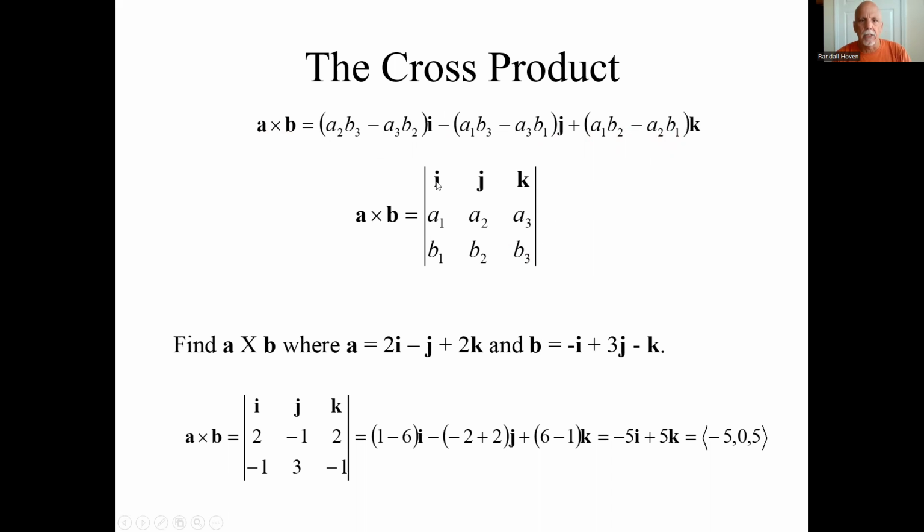So if you look at it, the determinant of this, I'll have an I times A2 B3 minus B2 A3, right? That's that. The J would be minus J times A1 B3. Anyway, if you take this determinant, you're doing this arithmetic, and that's what the cross product means.